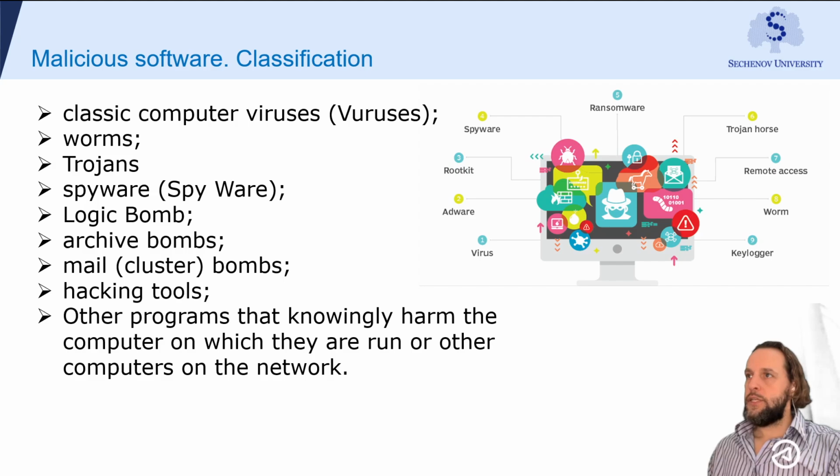Talking about classification of malicious software, there will be, of course, viruses, worms which spread through networks, Trojans providing unwanted access to a system to a third party, spyware, software gathering data about you without notifying you, logic bombs, archives with malicious components, mail bombs, hacking tools, and others.